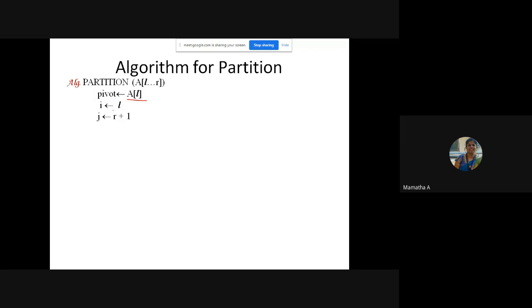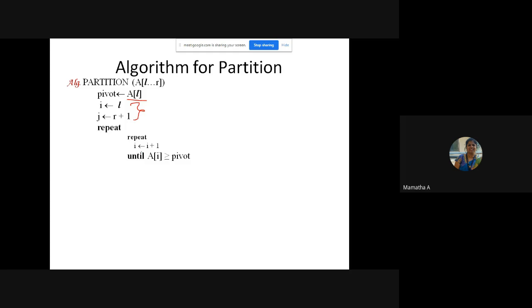So based on that you can do. If you are using while, you can write I is equal to L plus 1, and this could be written as R. So this initialization depends on what kind of statements you are using. Okay, so I am using repeat: repeat I plus 1 until A of I is greater than or equal to pivot. Repeat until is a pseudocode convention for do while.